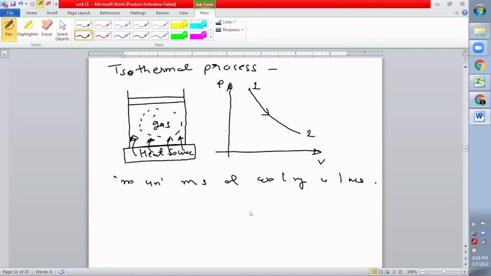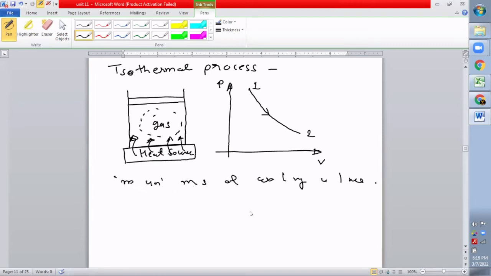Derive for constant pressure process, constant volume process, and isothermal process: work done, change in internal energy, and heat transfer, 1 mark for each term for 3 processes. So they generally ask an 8 to 9 mark question in the examination. From the examination point of view this derivation plays a very important role, and if you know the derivation, it will be very easy for you to go into the numerical.